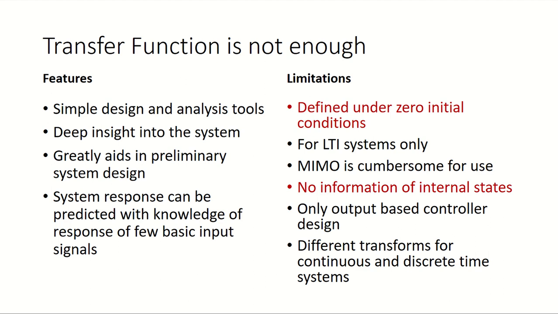And the fourth point, which I found from several books I collected, is this: the system response can be predicted with the knowledge of the response to a few basic input signals. You can understand this very well, because if you remember, in the first course of control systems we studied the system response for step input, for a sinusoid, for ramp, for an impulse.